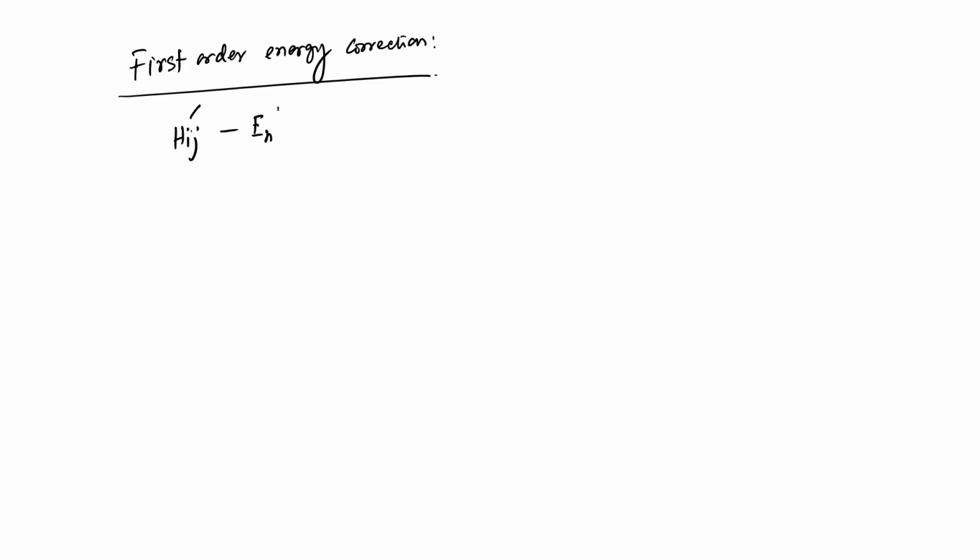So, the first order energy correction is obtained from this equation, which is H prime ij minus E_n^(1). And of course, it is not that required, but you can just say that the determinant of this is equal to 0.